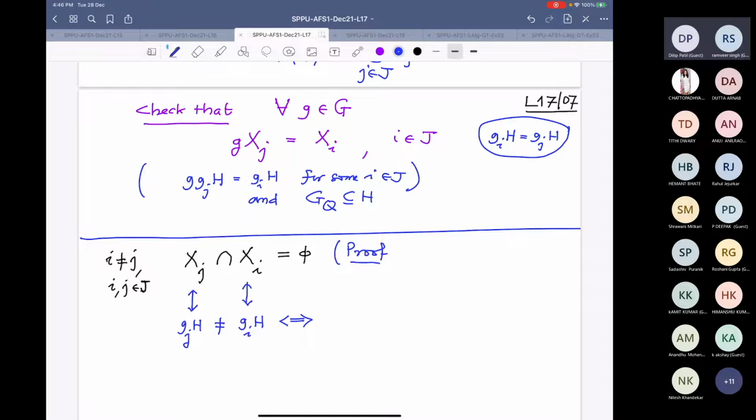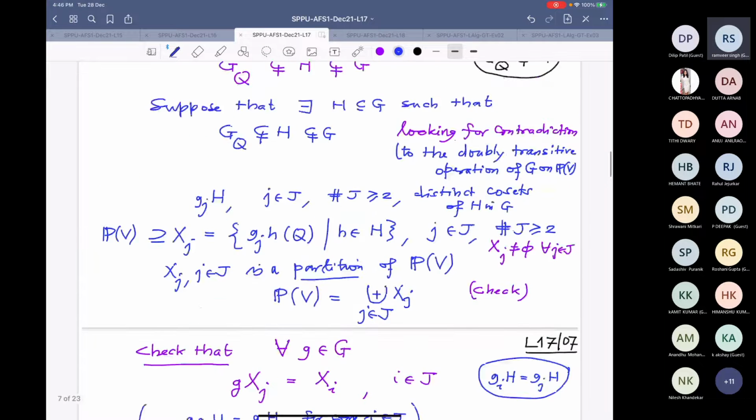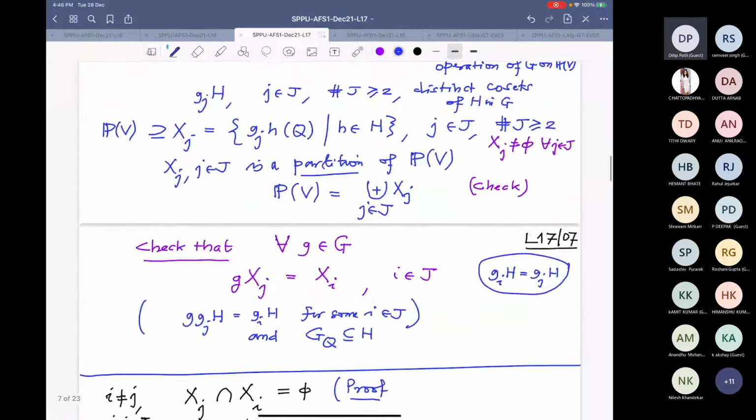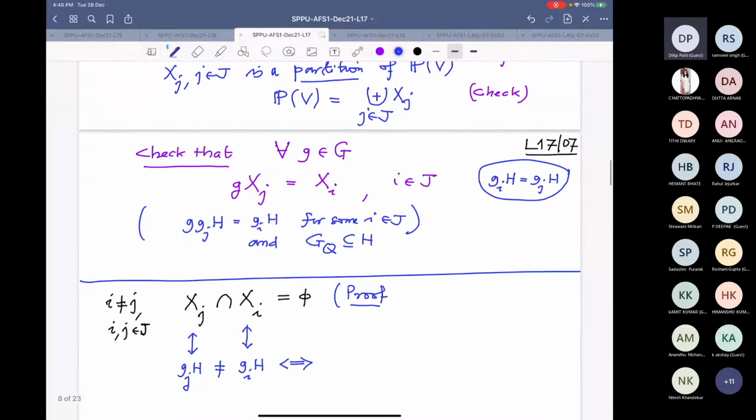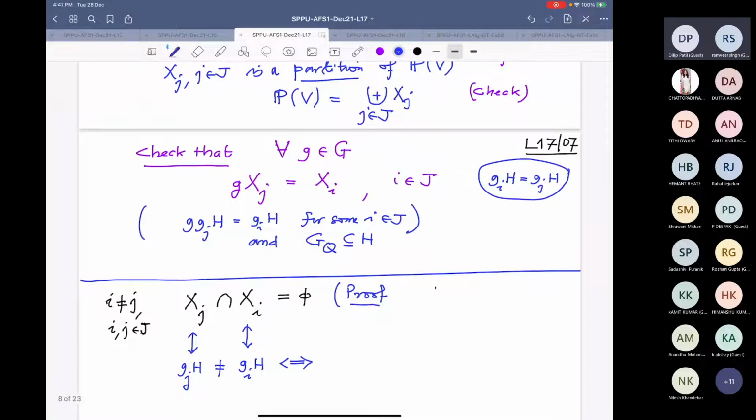Suppose there is a point in common. What does that mean? That means if I take these points, one of these will be equal to one of the other. See here, the points in Xj are precisely Gj h evaluated at Q, where h is varying in H. And the points here are precisely Gi h prime, with h prime varying in H only.